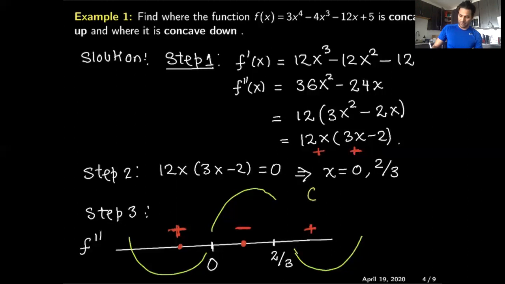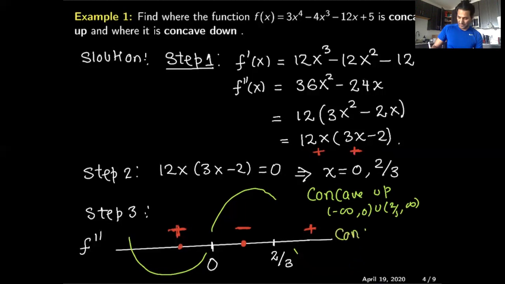So the concave up portion is -infinity to 0 union 2/3 to positive infinity, and the concave down portion will be 0 to 2/3.